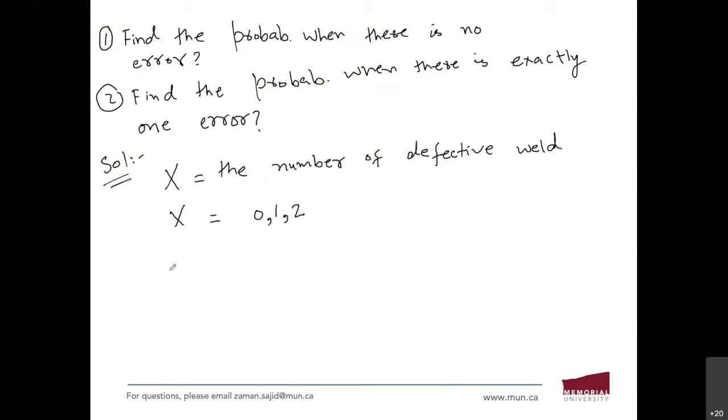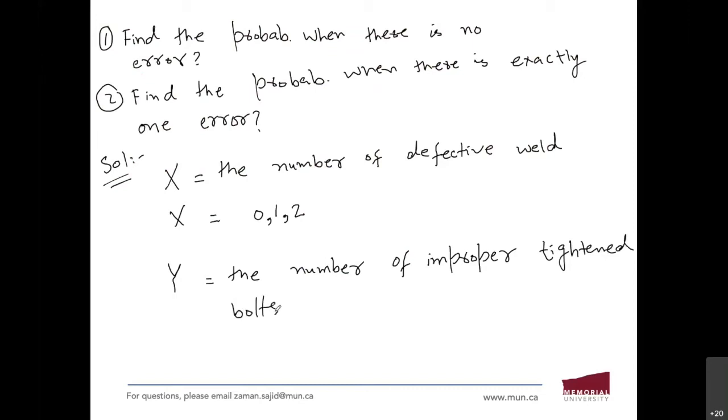Now similarly, my other variable is y, which is the number of improperly tightened bolts. Now let's go back to the question statement here.